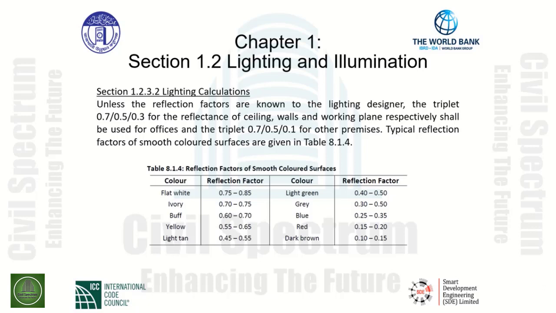When we get into the darker colors, at the end of the third column, such as dark brown, we have a reflection factor of 0.10 to 0.15. As you can see, we have a wide range of reflection factors to choose from with respect to the colors that are being placed in rooms such as ceilings, walls, and working planes.